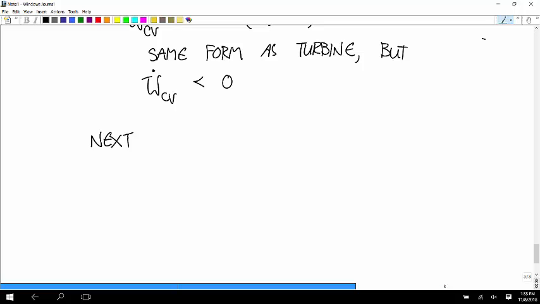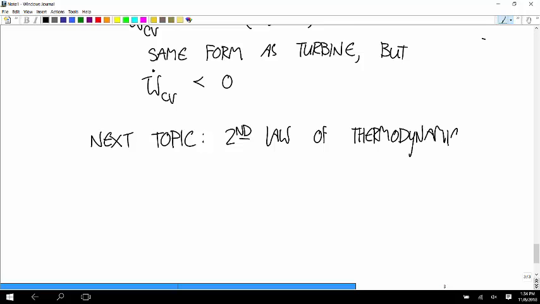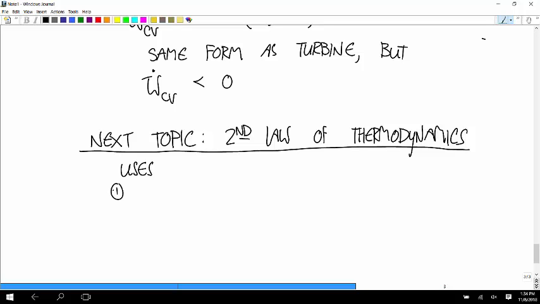And I'm just going to give you sort of an introduction to where we're headed with the second law of thermodynamics. The second law of thermodynamics has a couple of uses. The first one is that, like I said before, if you're using conservation laws, there's no sense of direction.